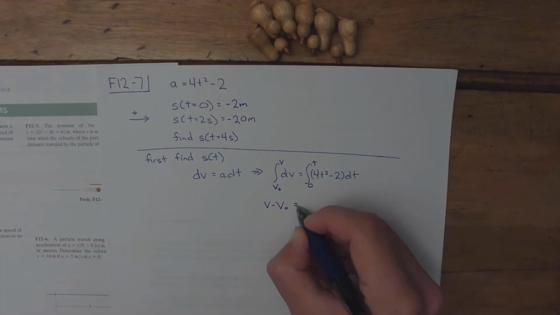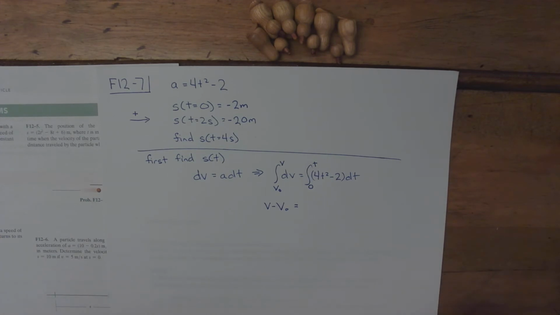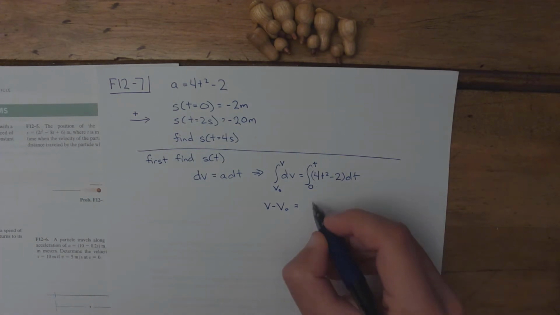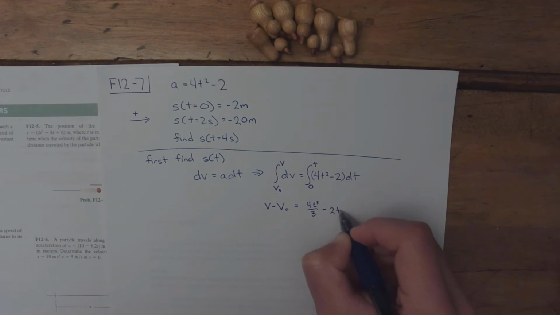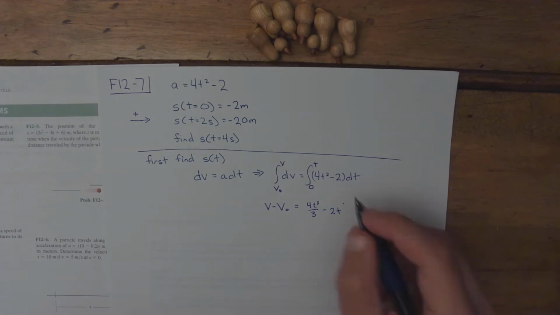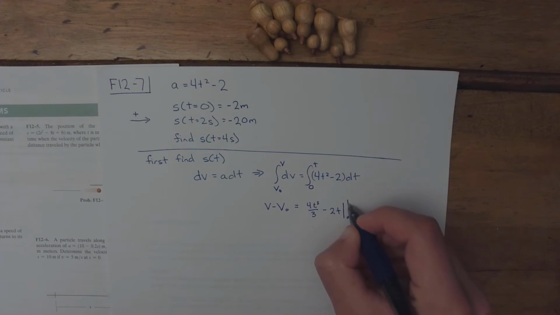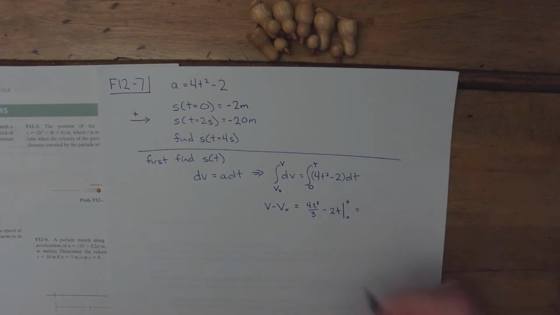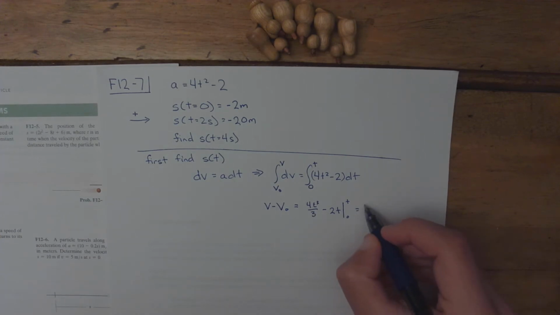And then, on the right-hand side, I integrate, and this would become 4t cubed divided by 3, minus 2t, and then I evaluate from 0 to t. You just get the same thing, because when you plug in the upper limit of integration, you just get what we had to begin with.